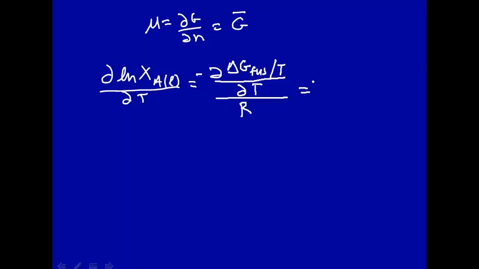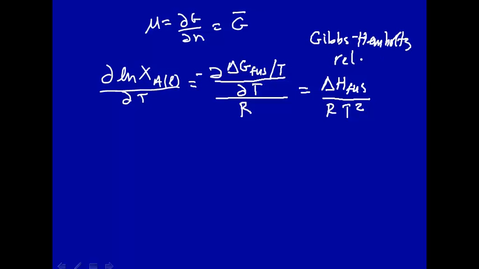We can immediately say that this is equal to delta H of fusion over RT squared. You might review the Gibbs-Helmholtz relation, where you can go from there to there.